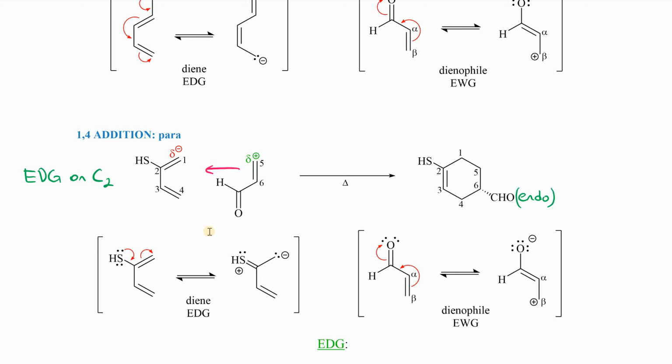So you can see how we can use resonance to explain how charges link up, and how the positioning of the electron donator will drastically influence which product you get in terms of regiochemistry, 1,2 addition versus 1,4 addition.